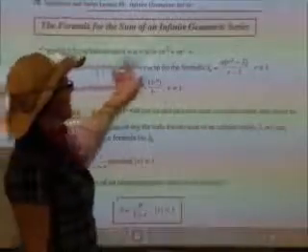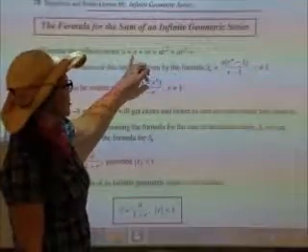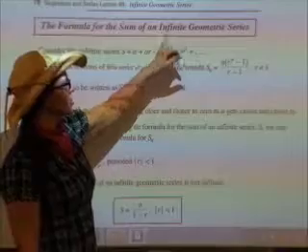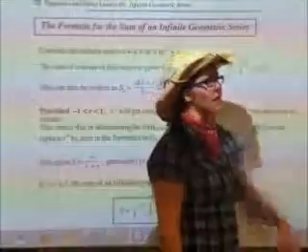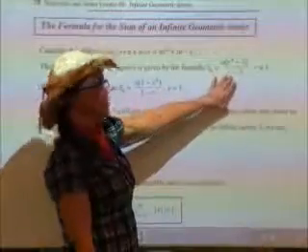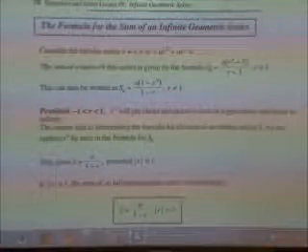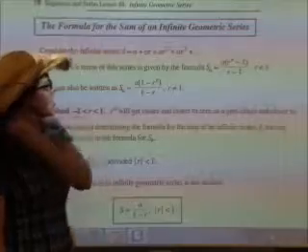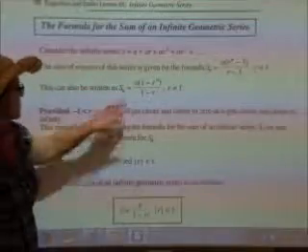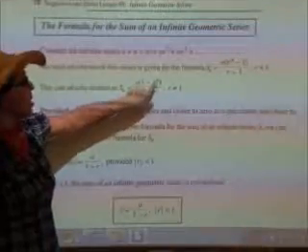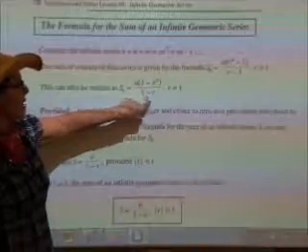So the sum of an infinite series is the first term plus the second term plus the third term plus the fourth term up to an infinite number of terms. Or using this formula, a times r to the power of n minus 1 divided by r minus 1. We can also rewrite the formula as a times 1 minus r to the power of n divided by 1 minus r.